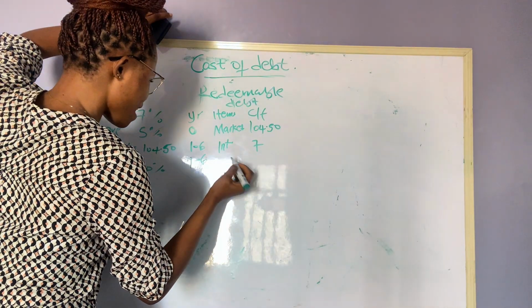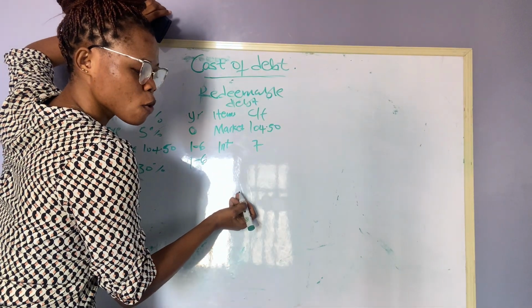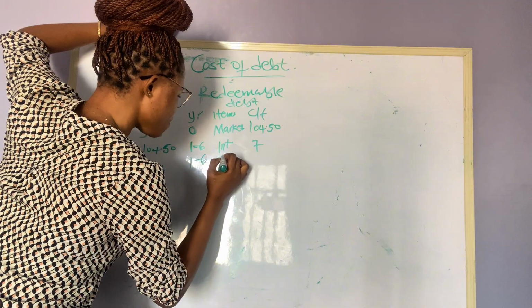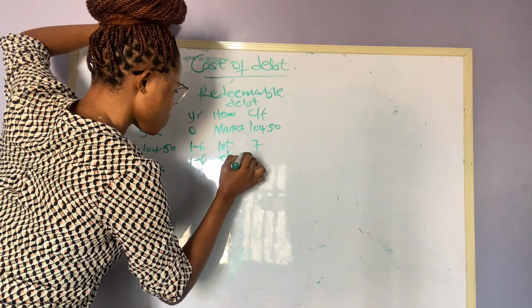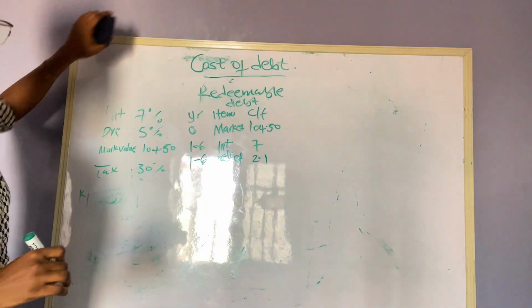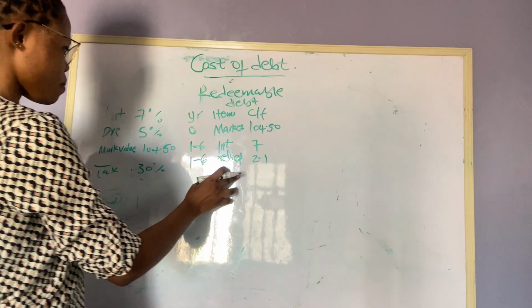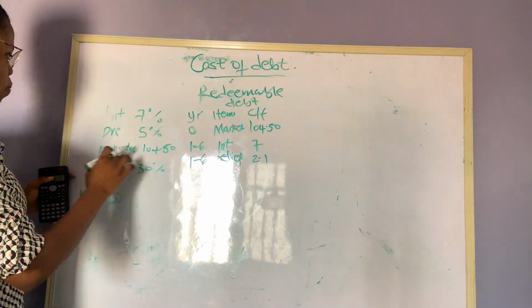Our tax relief was 2.1. So we are done with that.